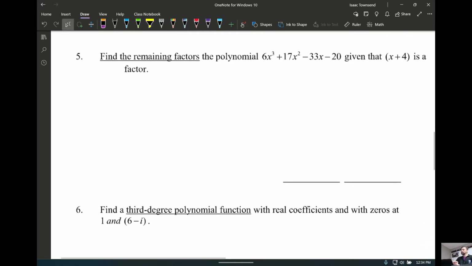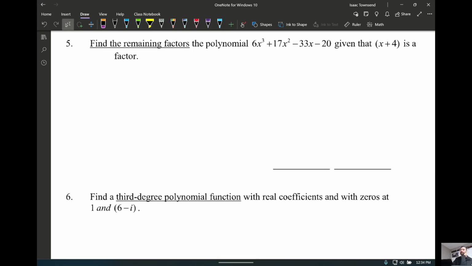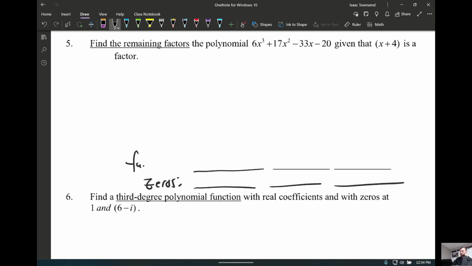Okay, let's look at number 5 here. This one says find remaining factors. So I'm actually going to list out the zeros and the factors. To me, it's basically the same amount of work, just formatted slightly differently. This time, they tell us x plus 4 is a factor.